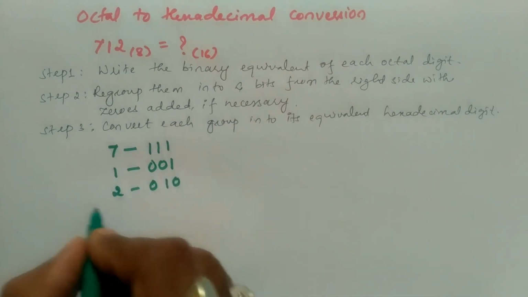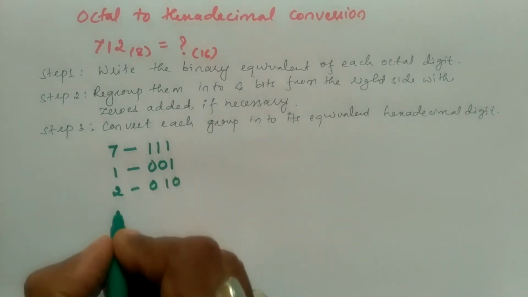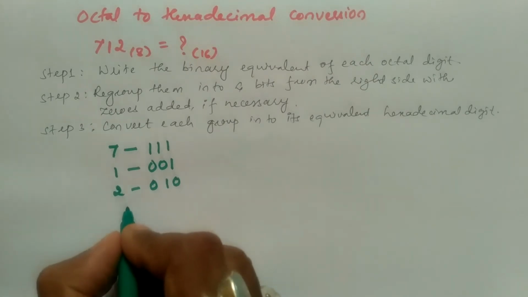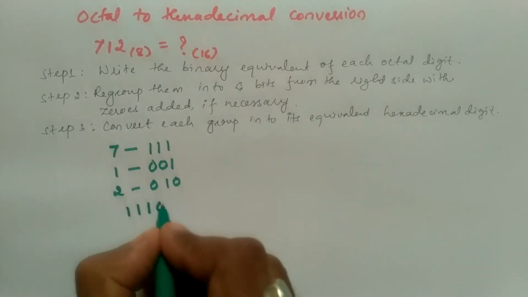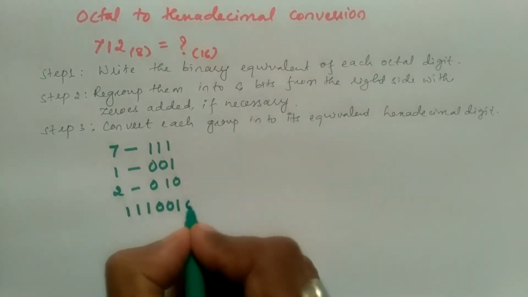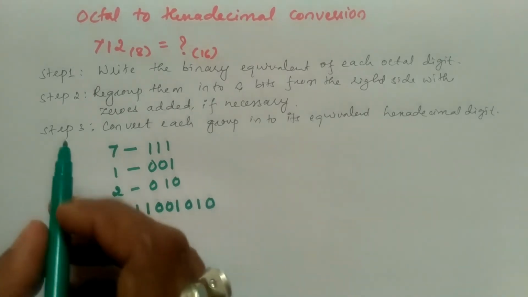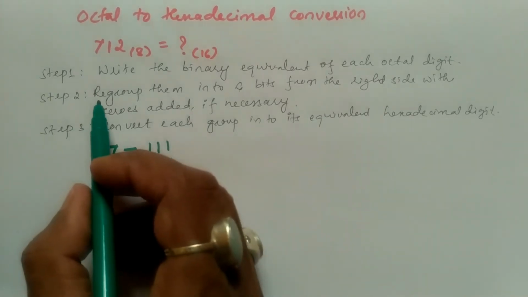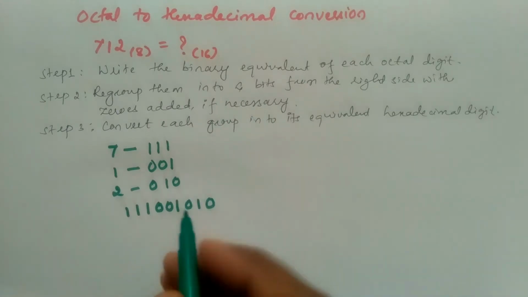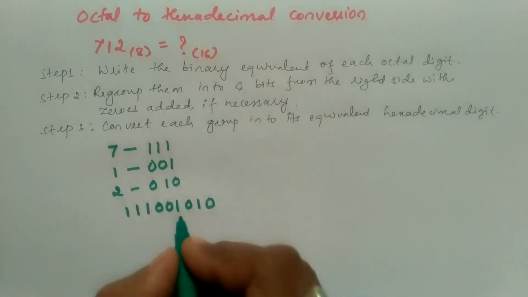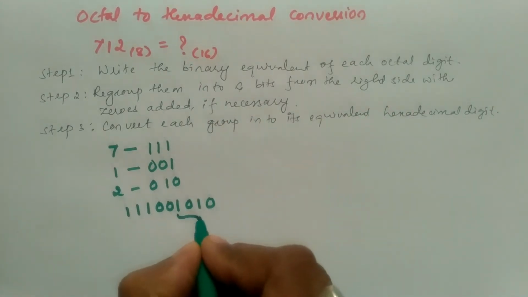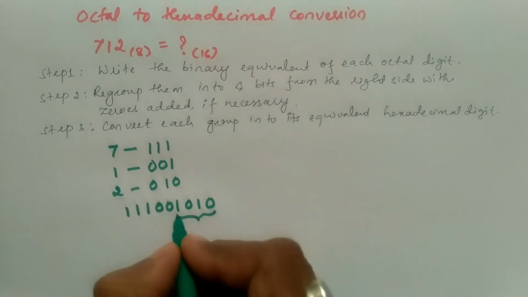Next, step 2 says regroup them into 4 bits from the right side with zeros added. So here we write all of these in sequence: first 111, then 001, then 010. Now regroup them into 4 bits from the right hand side.